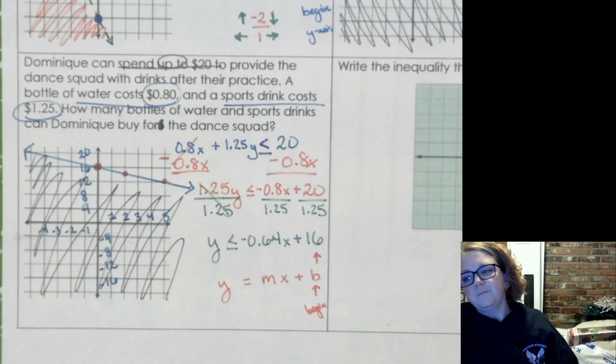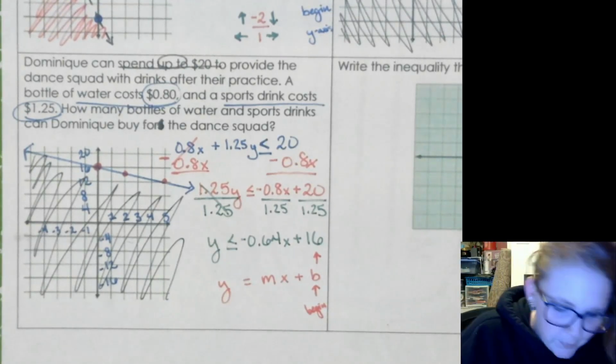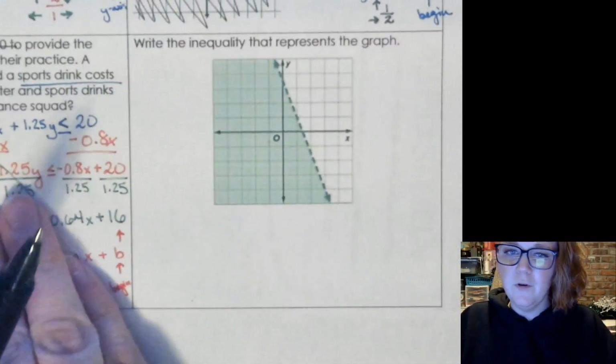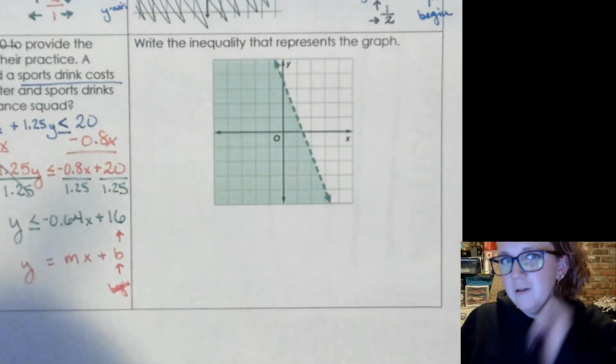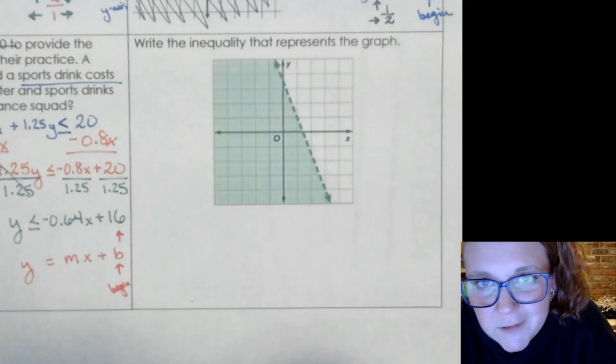Now they want you to do the next one a little bit different. This time, they gave you the graph, but you gotta figure out what the inequality is. Okay?